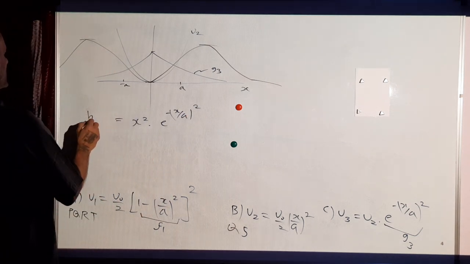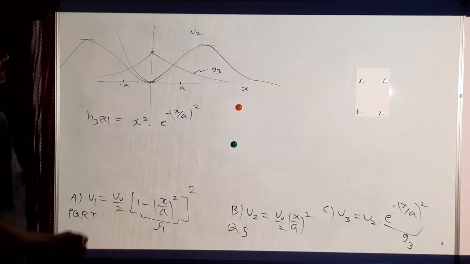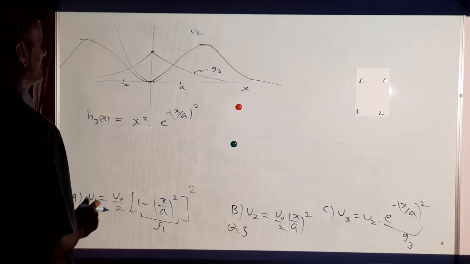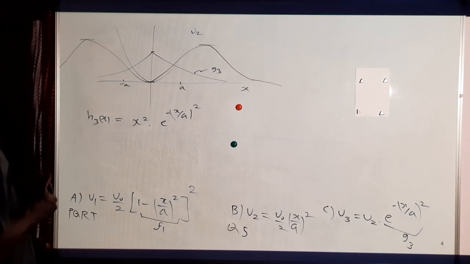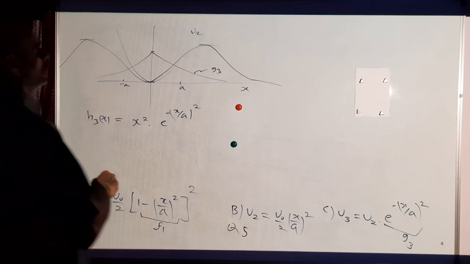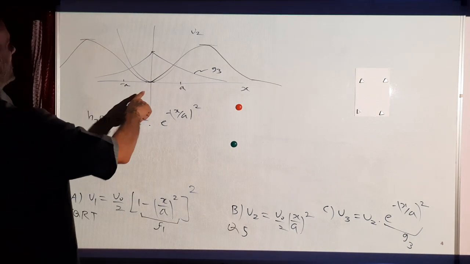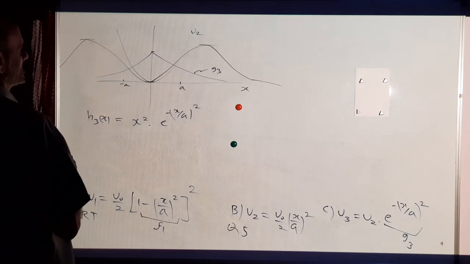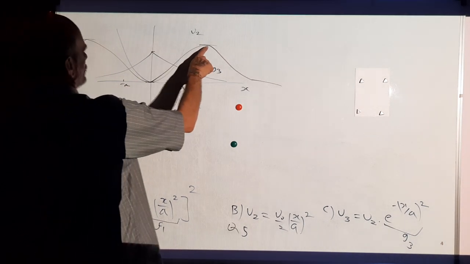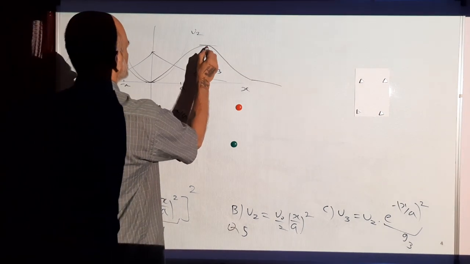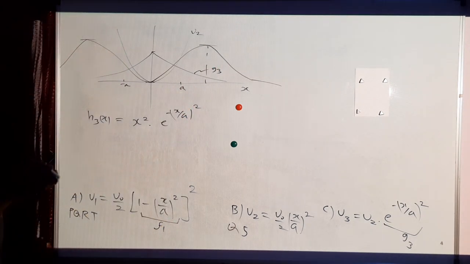Let me call this function h3 of x. Whenever this thing is maximum, U3 is maximum. So the force is 0 at x equal to 0, and the force is also 0 at this point, but you have to find the x coordinate of the place where the maximum is attained.